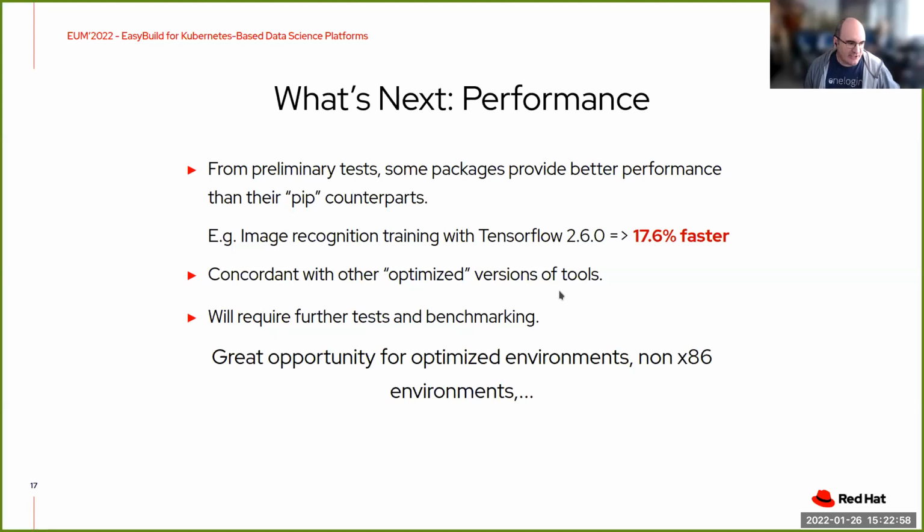For example, we are working with Intel as a partner on their OpenVINO Model Server or OpenVINO libraries, which has its own versions of TensorFlow or other packages compiled and tweaked by them, and they achieve about the same gain in performance, about 20% faster training time.